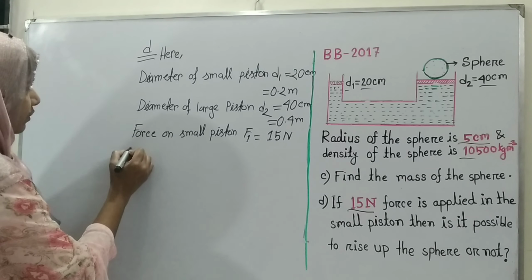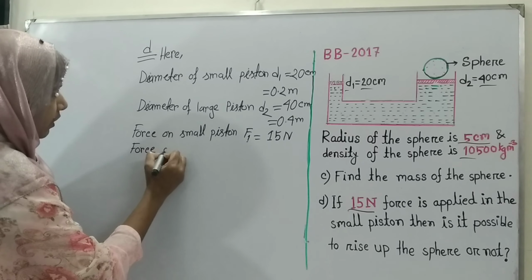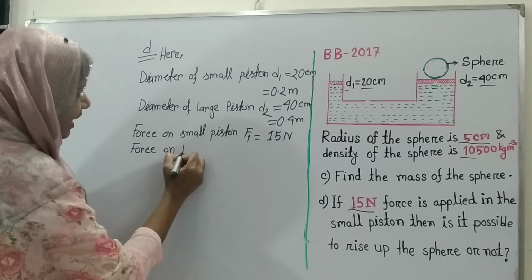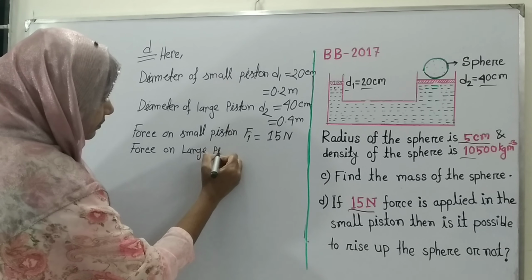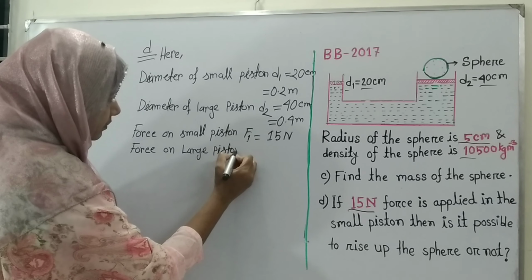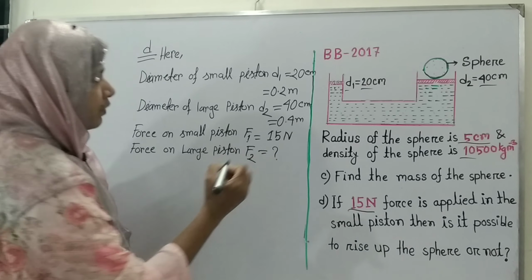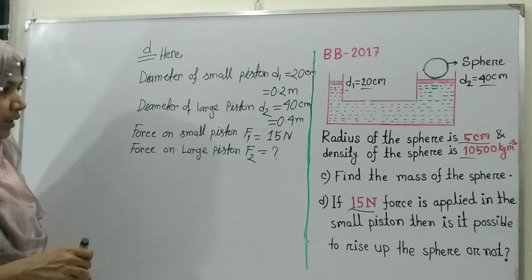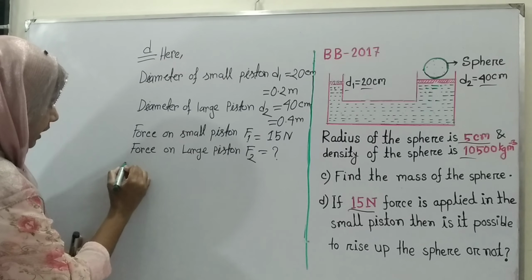Now we have to calculate the force on the large piston. F2 equals what?